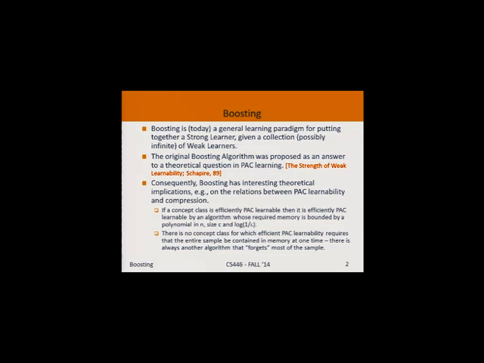For example, the relation between PAC learnability and compression. It has a couple of claims there at the end of the paper that are really interesting. I'm not going to try to explain them, but you can try to read it and understand.